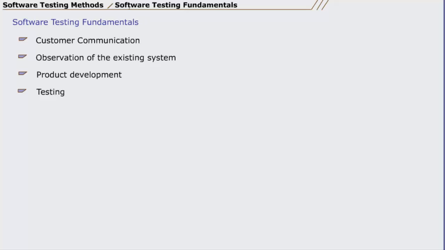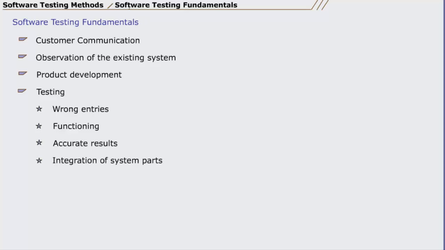During testing, the system is manipulated by giving different types of input and checking whether the tests can diagnose all types of errors. Moreover, it is checked whether the system is properly functioning and providing accurate results. It is also ensured that different parts of the system are properly integrated.